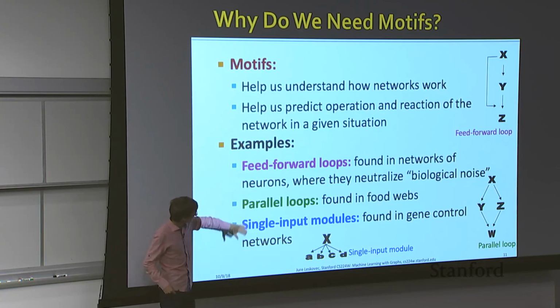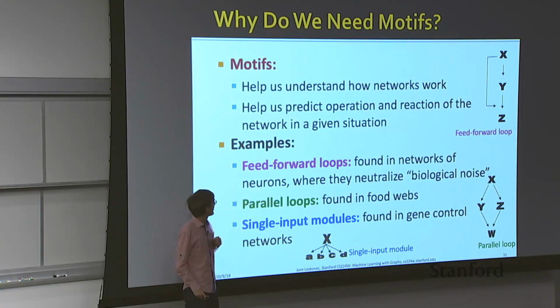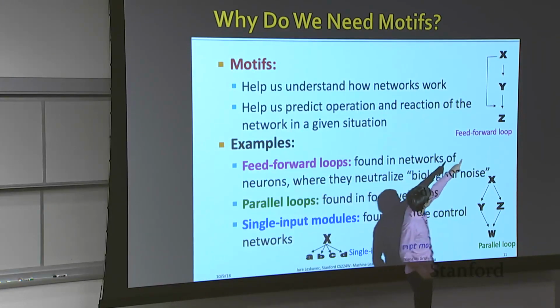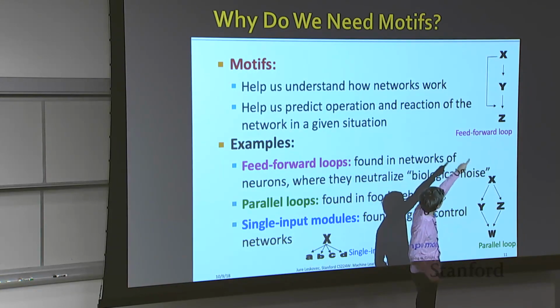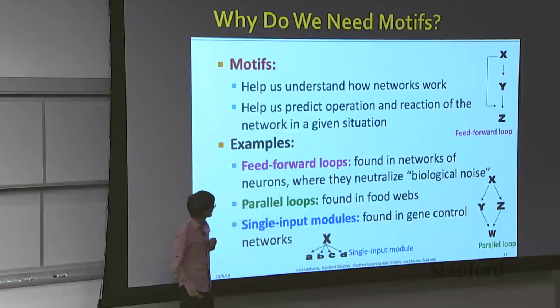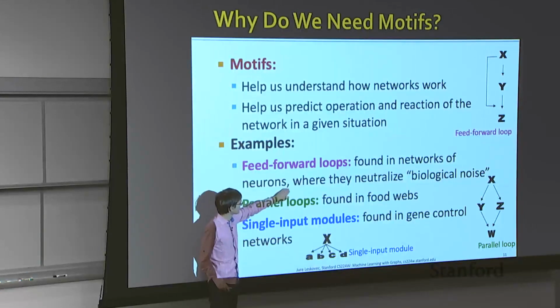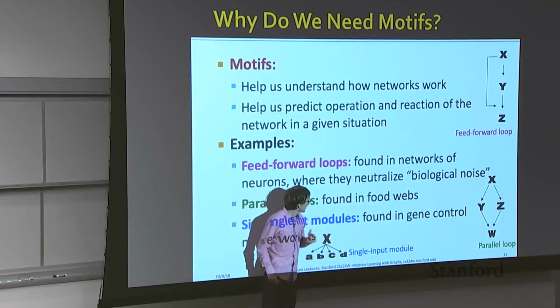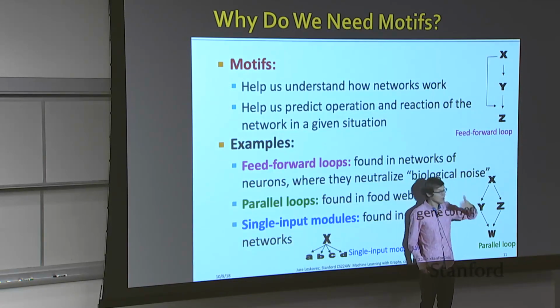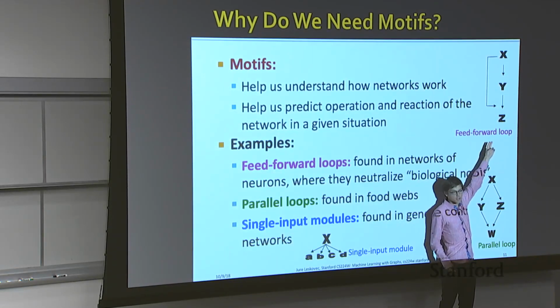And here, as I say, are a few different examples of these types of motifs, right? Feed-forward loops, this would be a feed-forward loop, right? From X, you can go through Y to Z, or you can go directly from X to Z. This is called a feed-forward loop, and it's found in networks of neurons where they basically neutralize biological noise. And if you think about neural networks, these are skip connections, right?